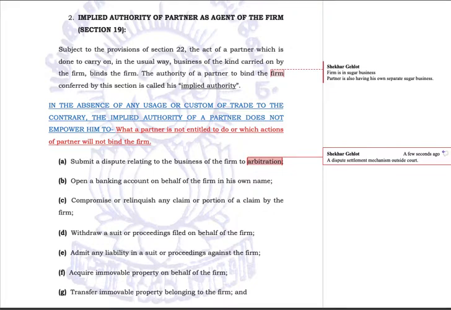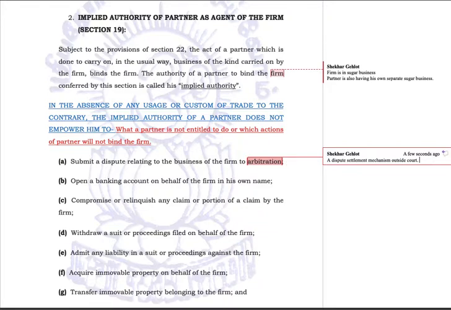Usually, retired judges sit here. Okay, so you can submit your commercial dispute to arbitration as well, and whatever the arbitration tribunal decides will be final. So, a partner cannot submit the dispute of a business of the firm to arbitration. Partner has no such authority. He'll have to take consent of others, and the firm shall decide.